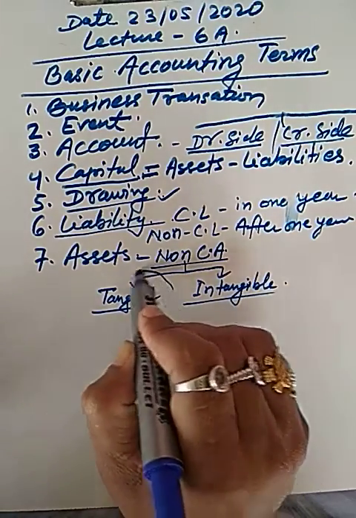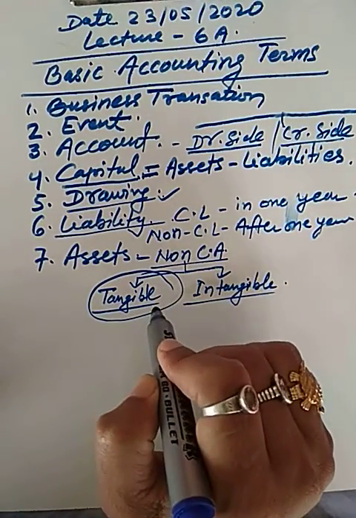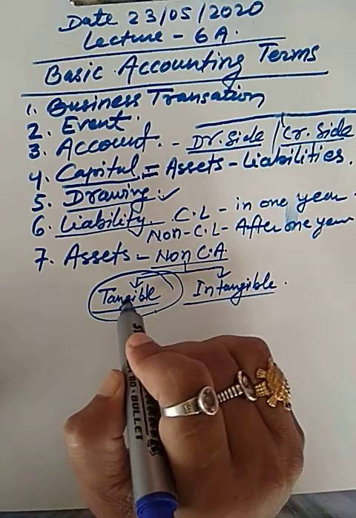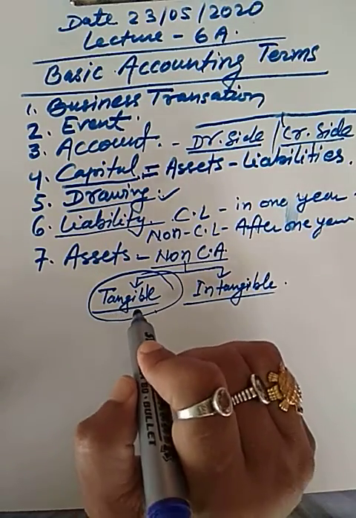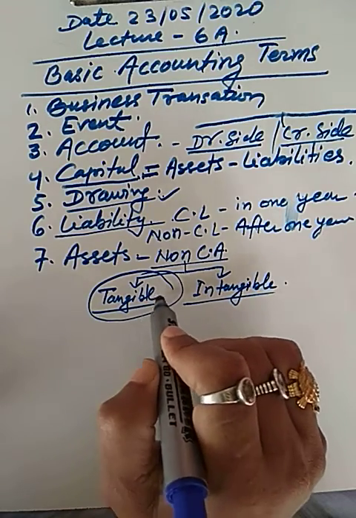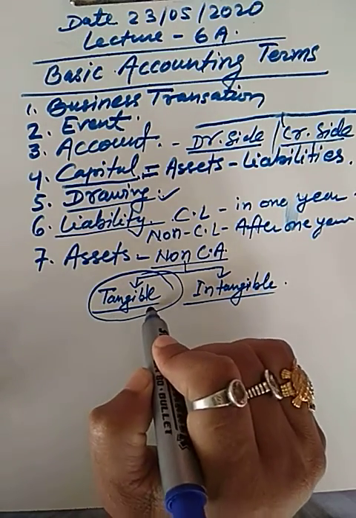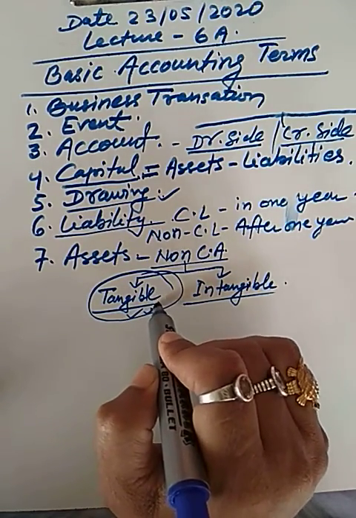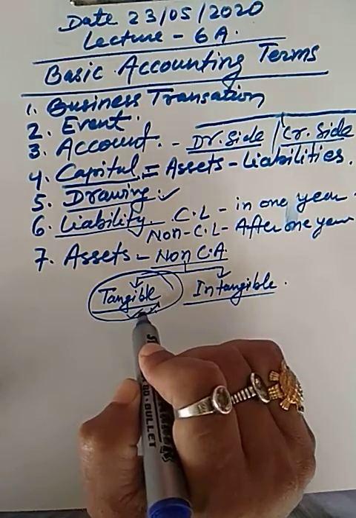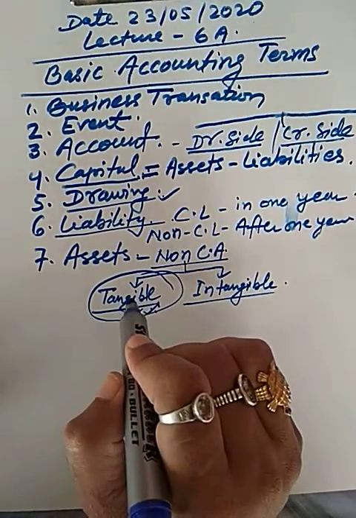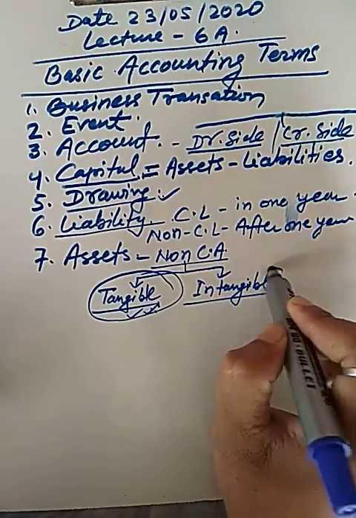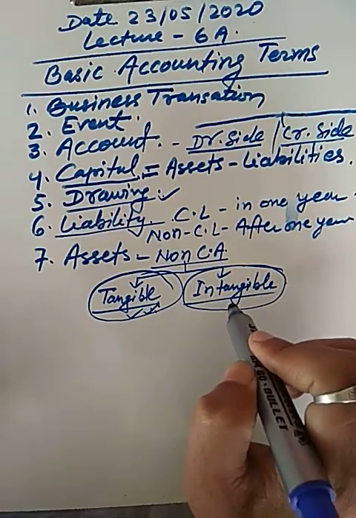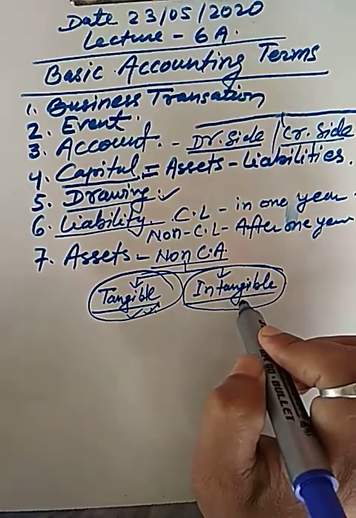First is tangible. Tangible means which can be seen and touched. In other words, which have a physical existence, such as land and building, plant and machinery, cash, computer, etc. are the tangible assets. But intangible assets are those assets which cannot be seen and touched.